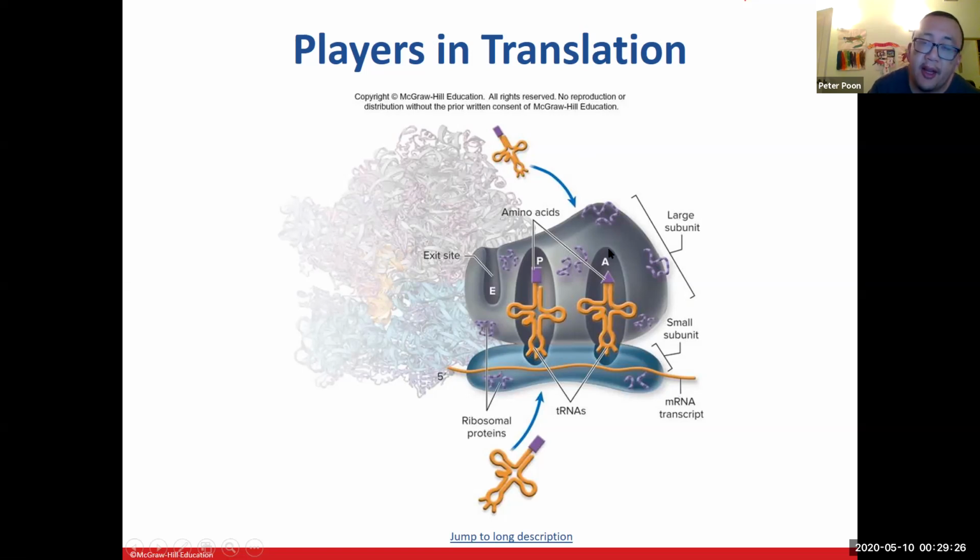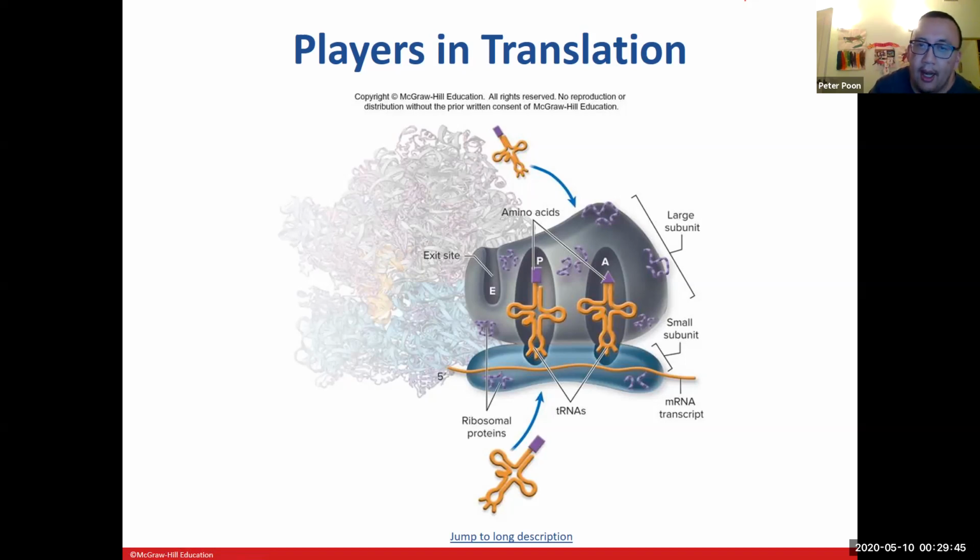And then here you bring in the players. There are 3 sites here, E, P, A. The easy way to remember this is Environmental Protection Agency: E site, exit, P site, A site.